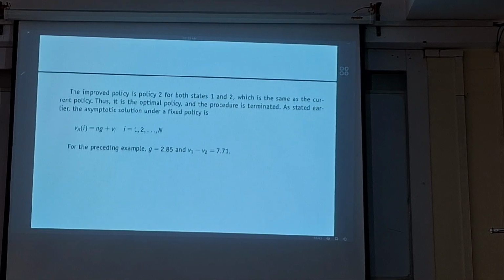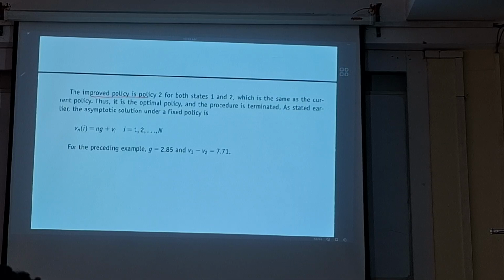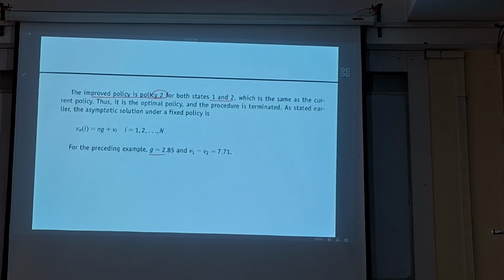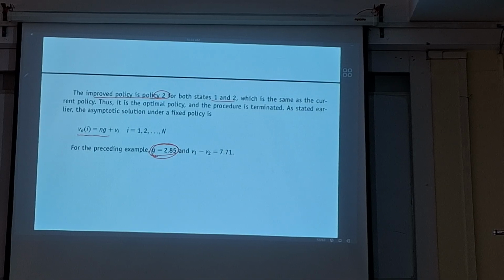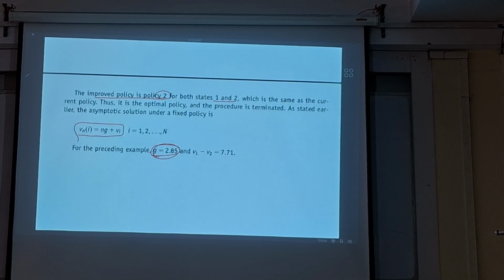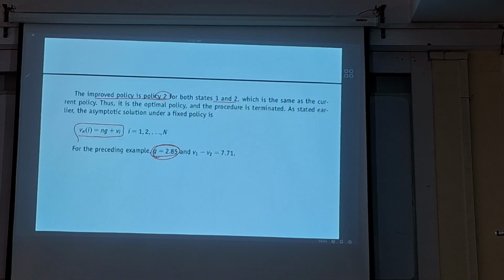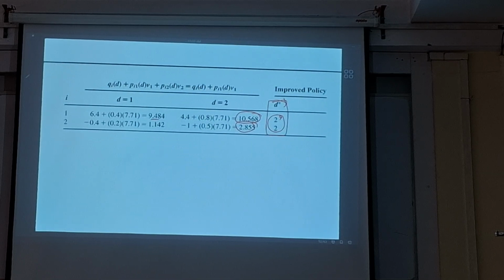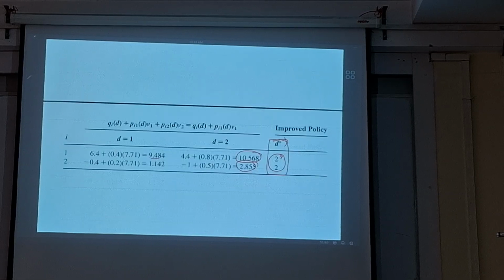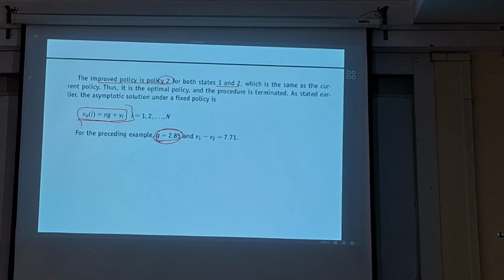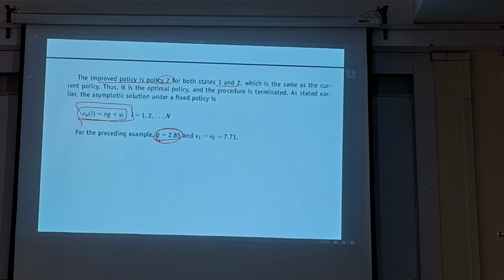The optimal policy is policy 2 for both state 1 and 2. And we can calculate the value of G in this one. Once we have this one, here we have V1, V1 has a value, and V2 has a value right here. Then we can calculate the extension for any step.